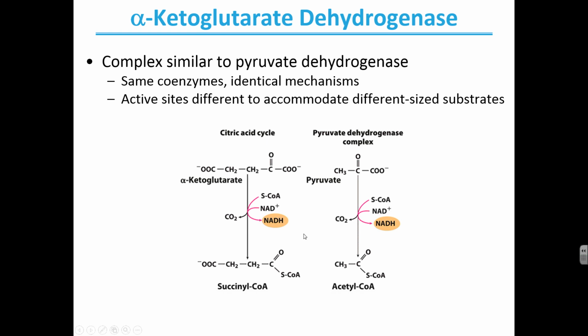You can see here the steps are very similar. Main difference is going to be the size of your active site within your enzyme, where you're looking at a very small substrate with pyruvate versus a very large substrate with alpha-ketoglutarate.